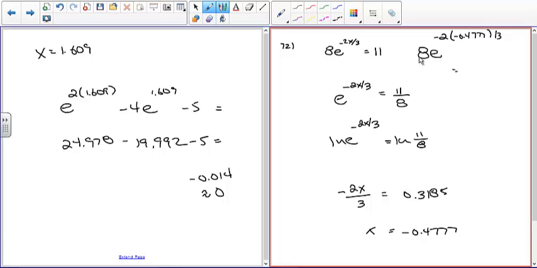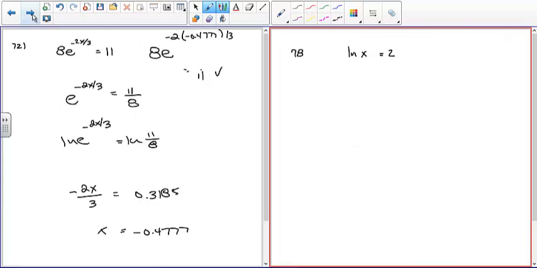And I get 11. Okay, this one's simple. e to the natural log of x equals e squared. e to the natural log of x is x, so it's equal to e squared.